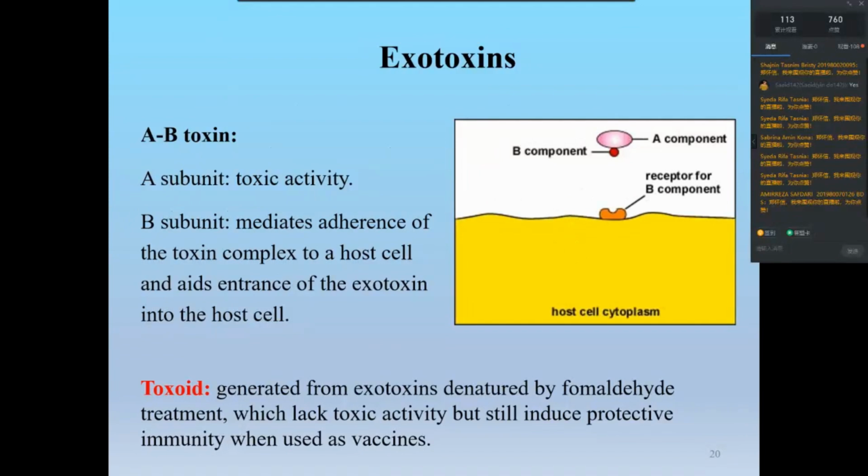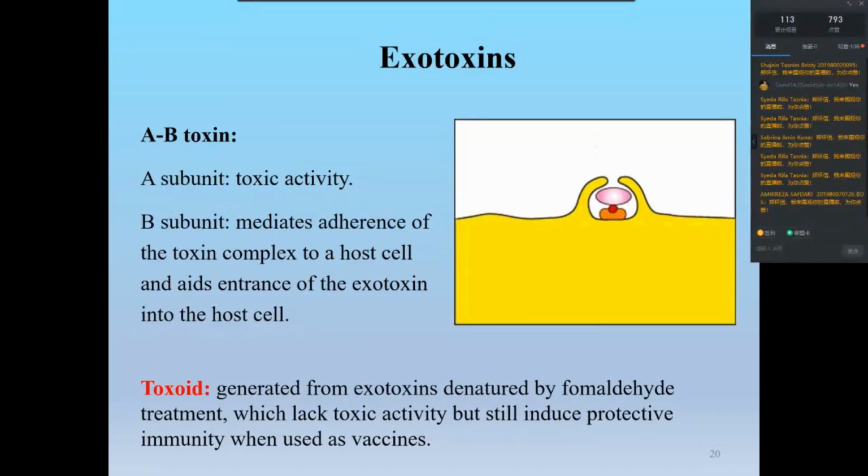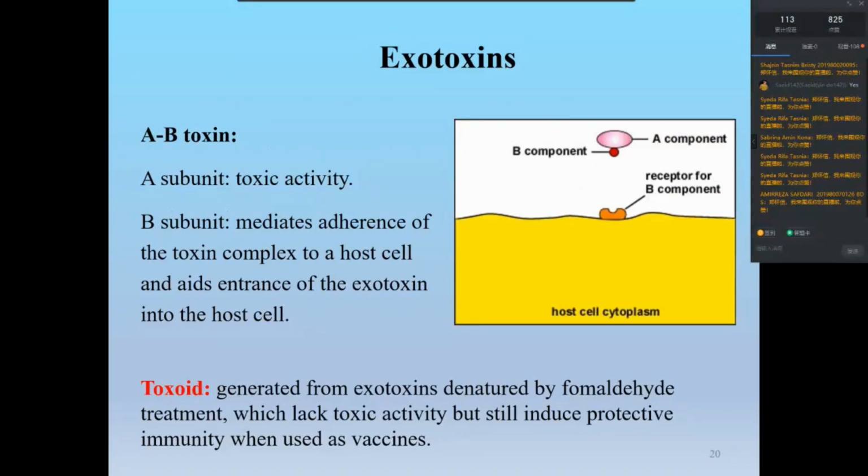The A subunit is the toxic subunit, which can carry out its effect, while the B subunit is a receptor binding ligand, which can mediate the adherence of the toxin complex to a host cell and help the toxin get into the host cell.